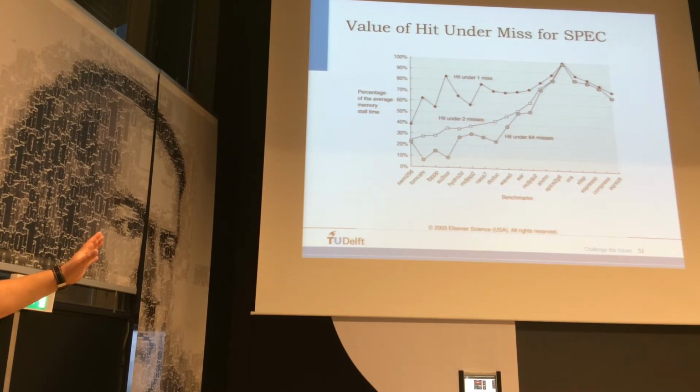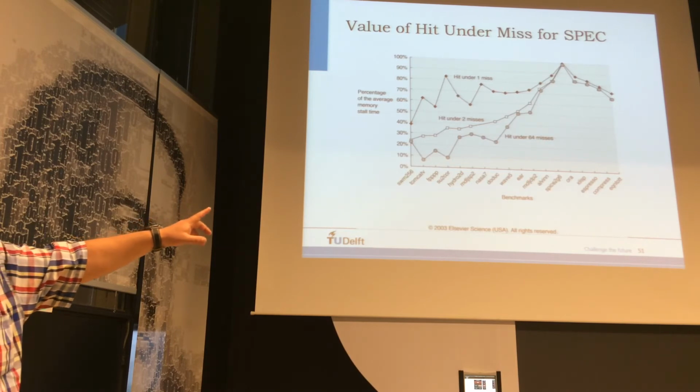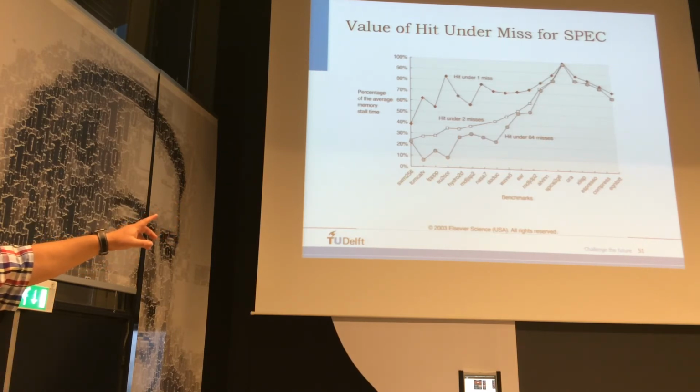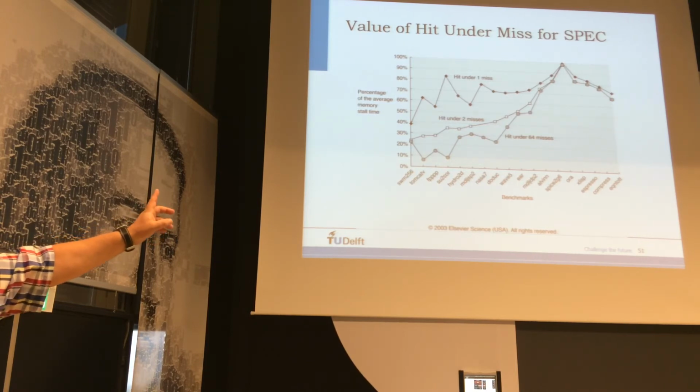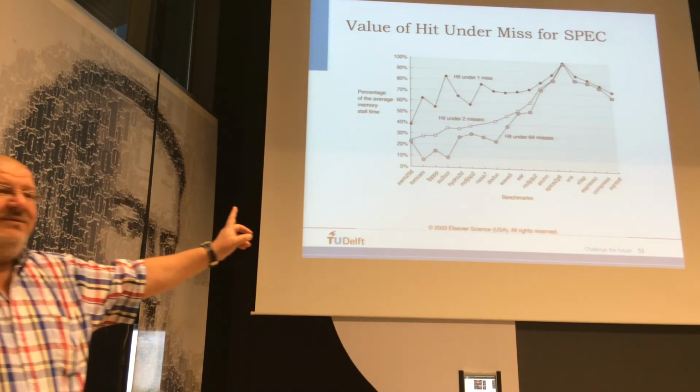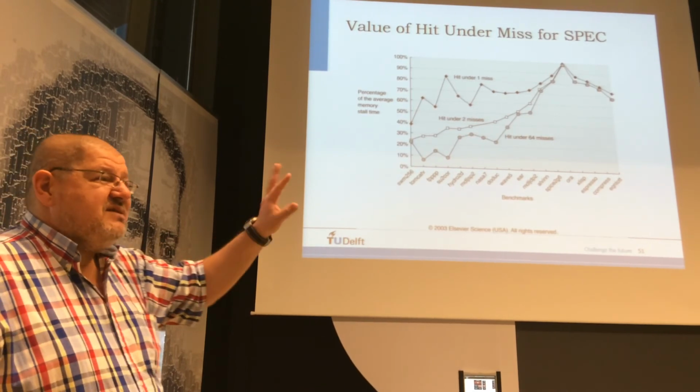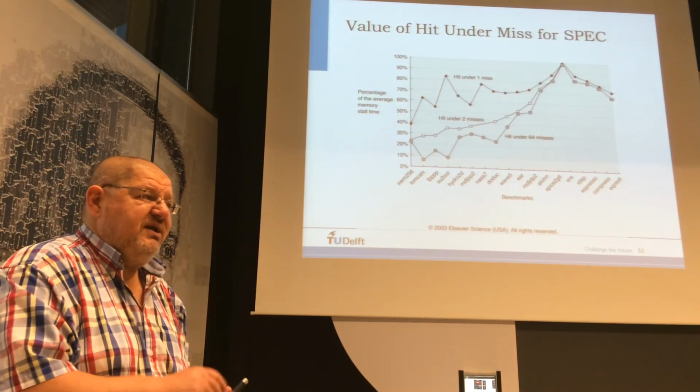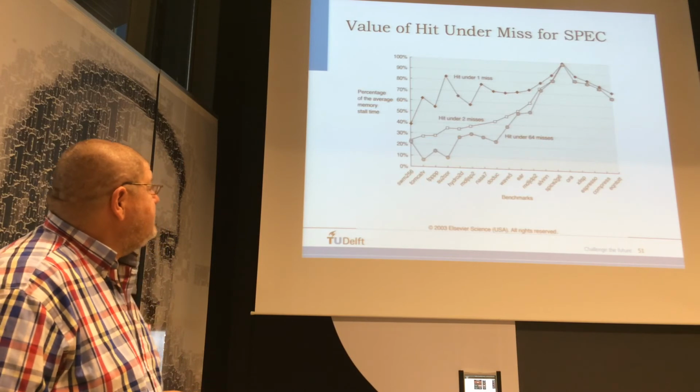Now, if you look at the last part of the diagram, I see espresso, I see compress, I see AQN, whatever. Those are most likely integer benchmarks, right? We were discussing them also when we were dealing with dynamic scheduling of instructions.